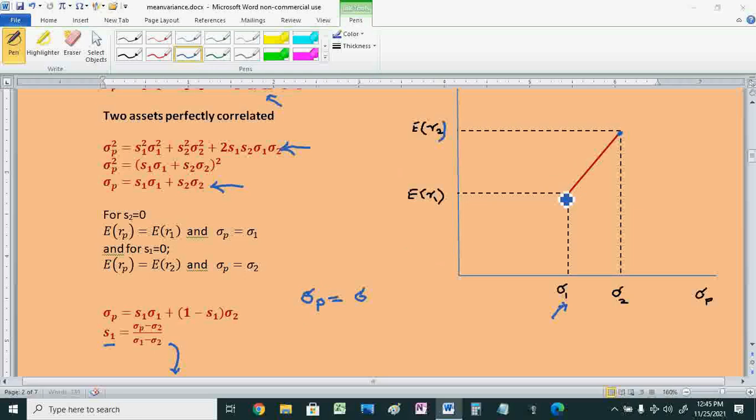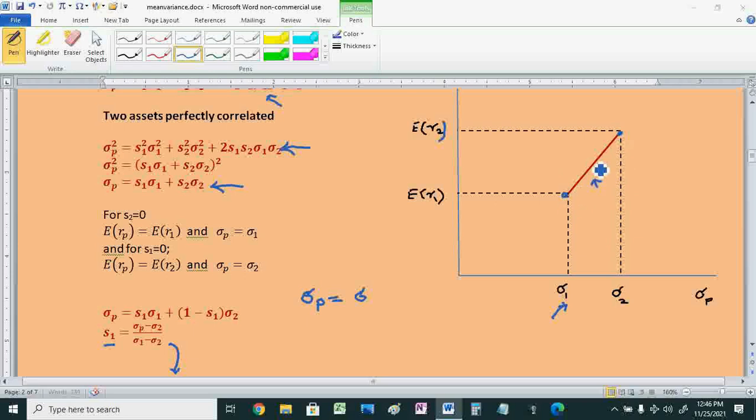And then in between, this slope is constant, and so these are the choices that are available to the investor when the investor is changing the composition of his asset holding, from this point to this point, starting with S1 equal to 1, and here becoming S1 equal to 0. So all savings in asset 2 here, all savings in asset 1 here, and this is the in-between situation.